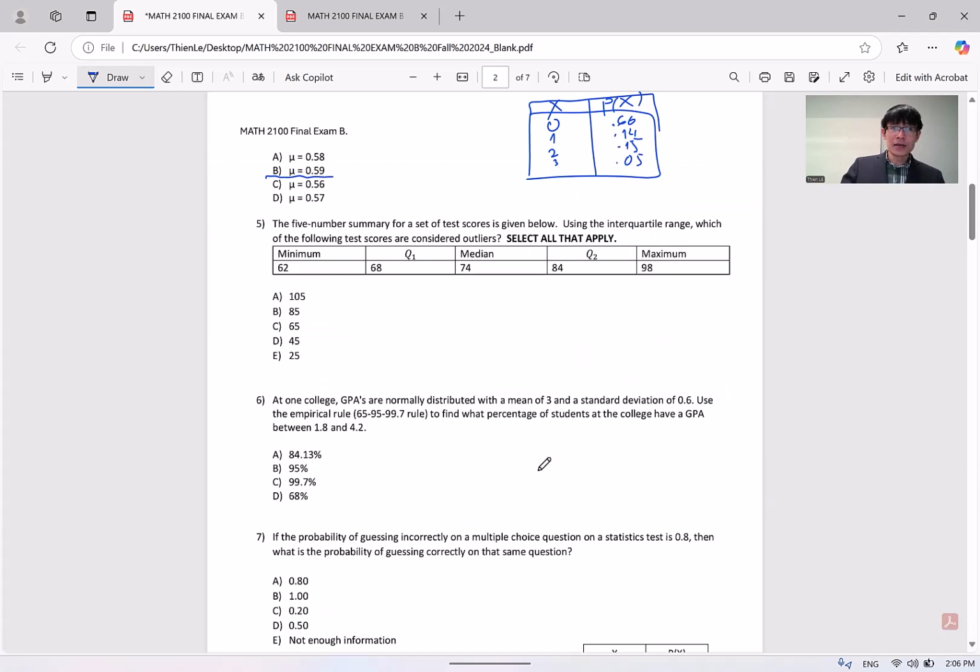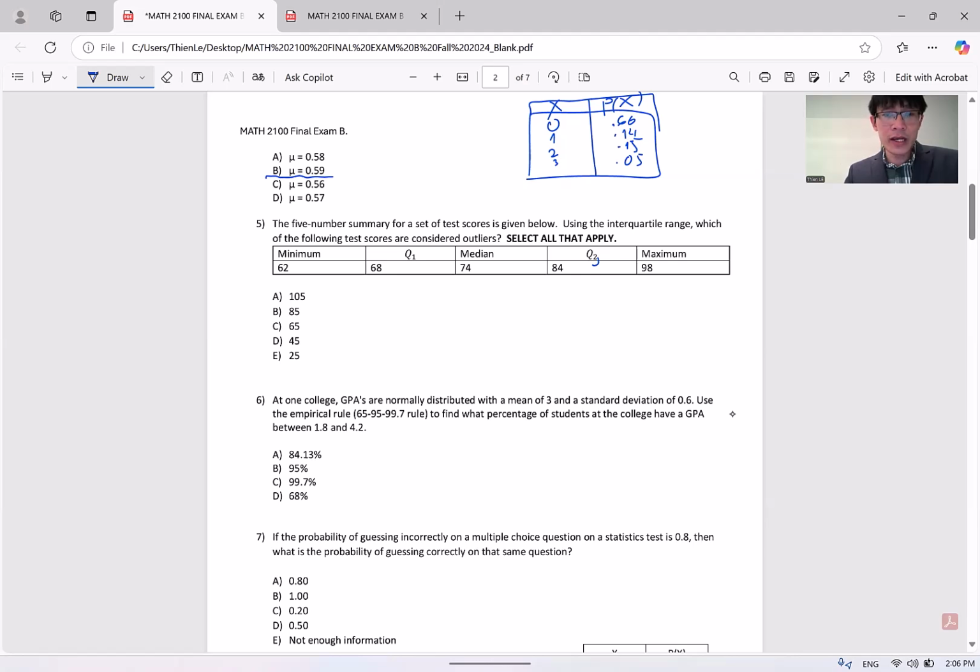In the five-number summary, which is minimum, Q1, median, Q3, which is the 75th percentile value, and maximum, we need to define which values are outliers.